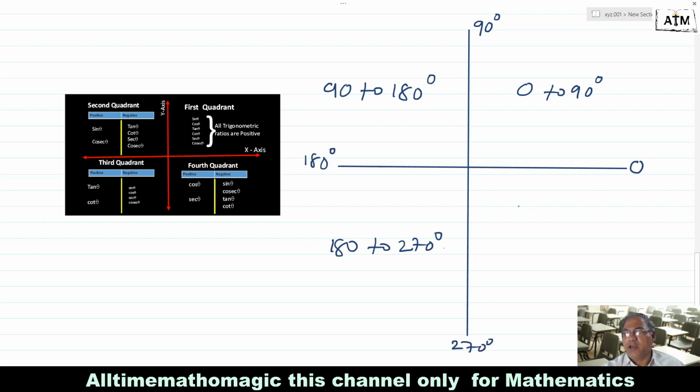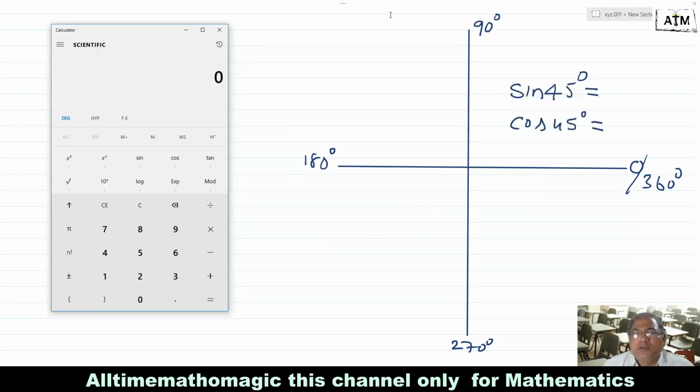In the fourth quadrant, the angle variation is from 270 to 360 degrees. So first quadrant 0 to 90, second quadrant 90 to 180, third quadrant 180 to 270, and in the fourth quadrant the angle variation is from 270 to 360 degrees.